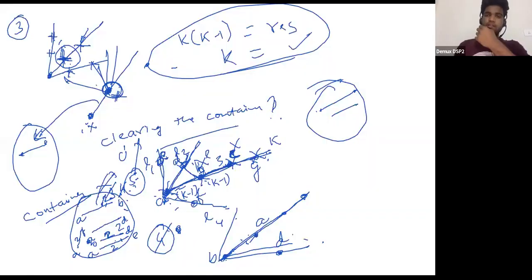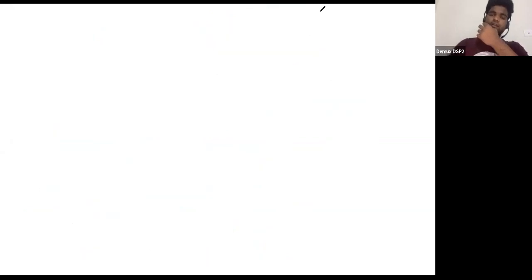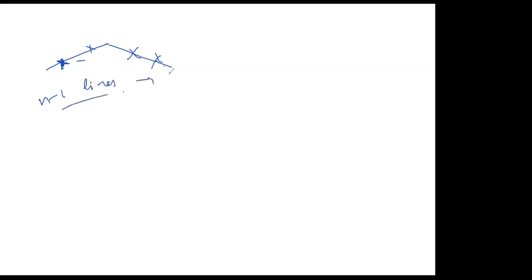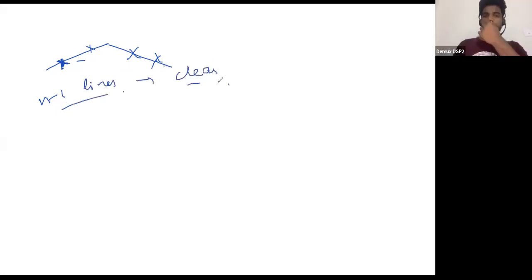Sir, because no points are collinear. The extreme case you are giving is all the lines are distinct, like a regular polygon, every pair. In this case, when you are enumerating for a particular starting point, you will get n minus 1 lines, right? Yeah, n minus 1 lines. So you will clear that. Yeah. So fine.